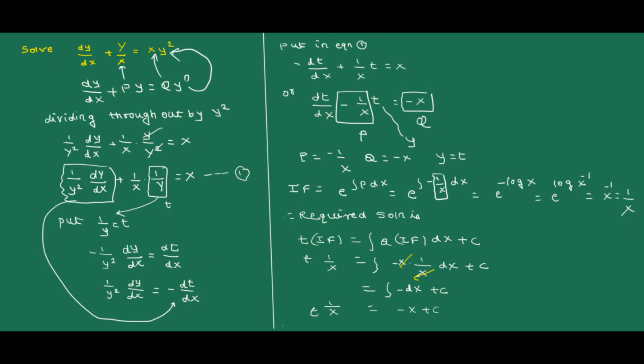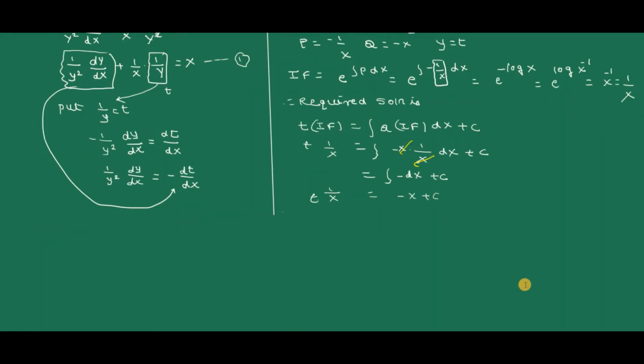1 divided by xy is equal to minus x plus c. The required solution is, that is put t is equal to 1 by y. If we substitute here, this is the t value.